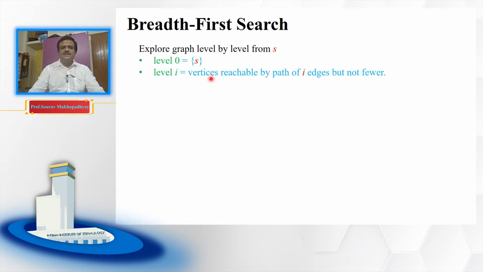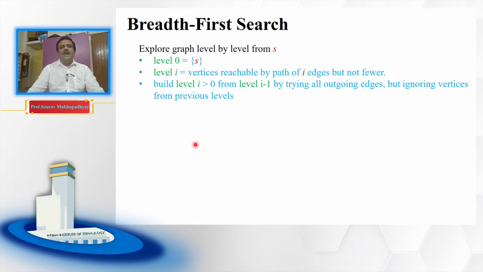Then the vertices reachable from it form level 1, which are reachable from the level 0 vertex. In general, level i means vertices reachable by a path of i edges but not fewer. We build level i greater than 0 from level i minus 1 by trying all the outgoing edges but ignoring the vertices from the previous level.